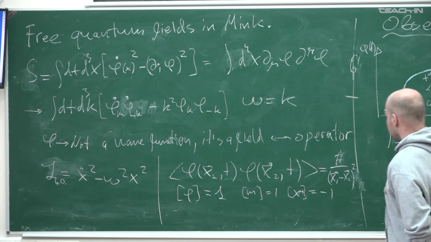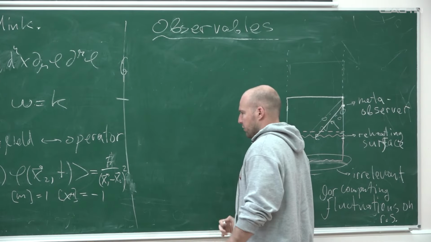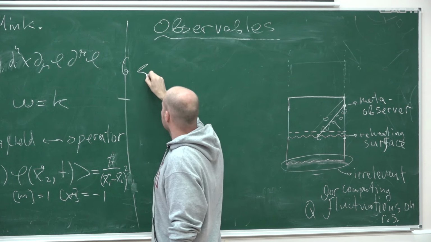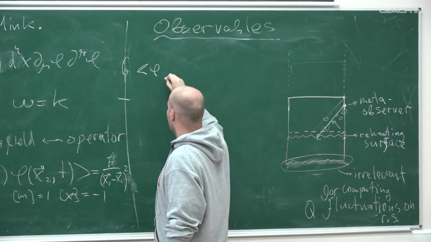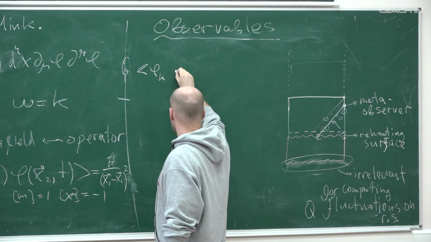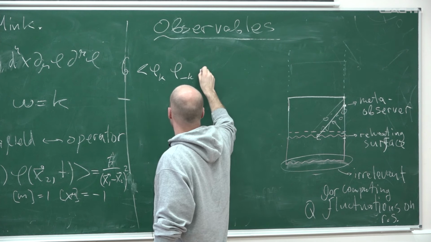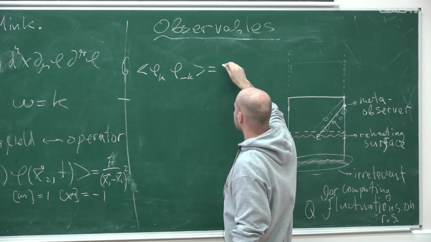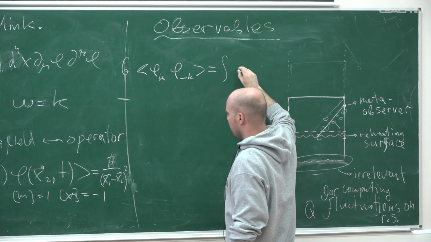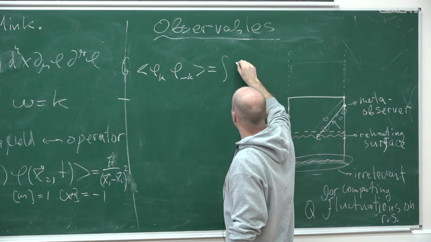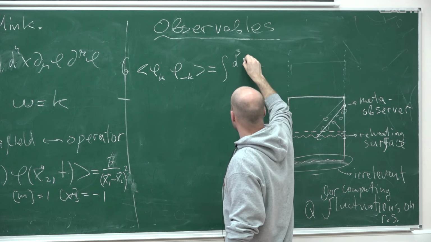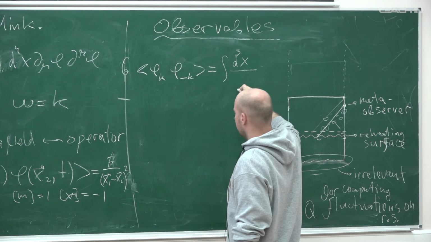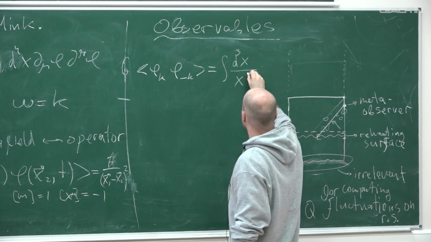So now let's Fourier transform. When we Fourier transform, phi k phi minus k will be, what is a Fourier transform? It's a Fourier transform of d3x over x squared.